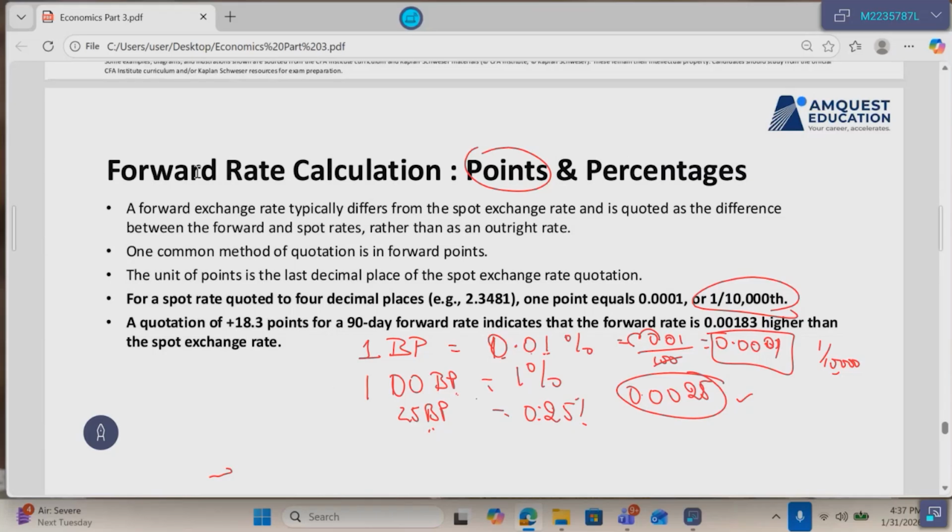So if I give you a quotation, okay, if I tell you the quotation is 18.3 basis points, what is 18.3? Remember I told you, 0.183 percentage, which means it is 0.00183.